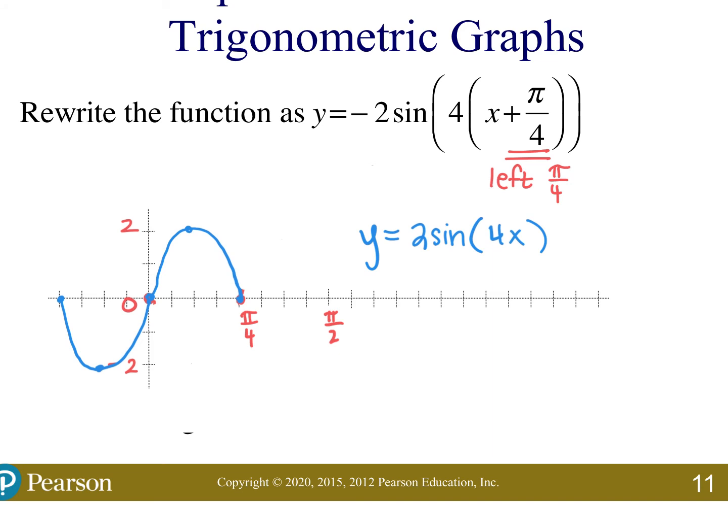So I use my highlighter, and an asymptote is going to come through every place that this graph touches the x-axis. I'm going to have an asymptote that comes down here through pi/4, another asymptote that comes right down the y-axis, and another asymptote everywhere where it has an x-intercept.